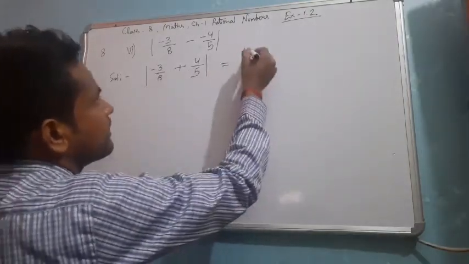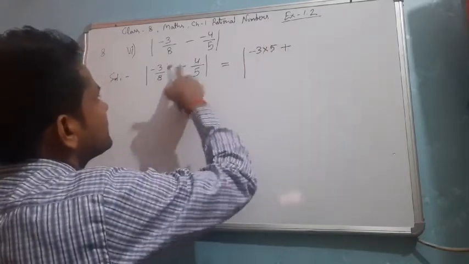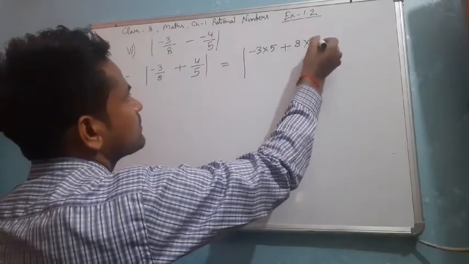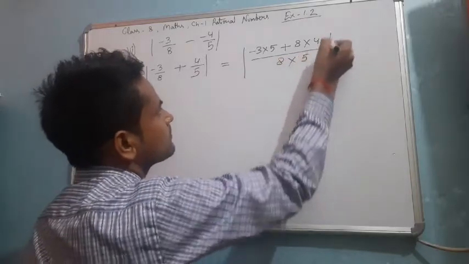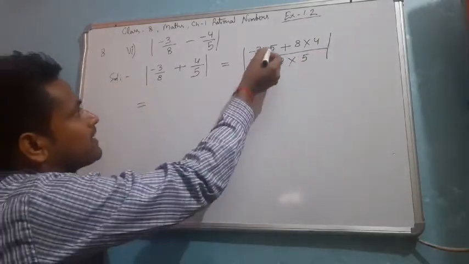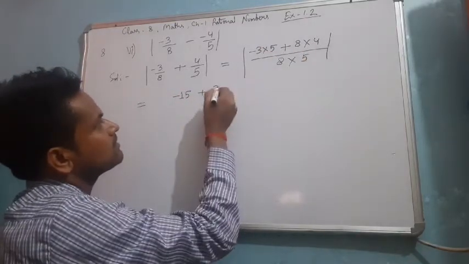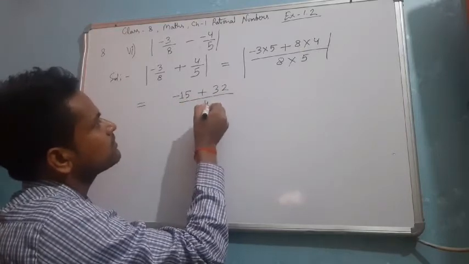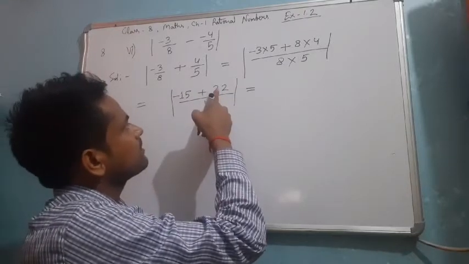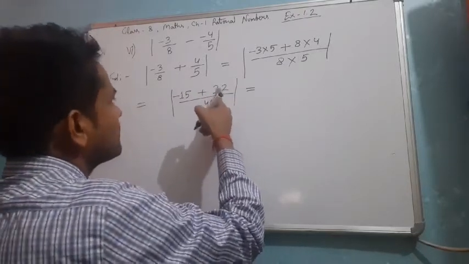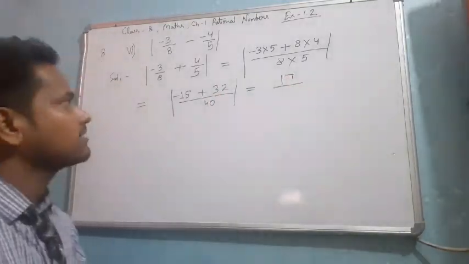Minus 3 into 5 plus 8 into 4, whole upon 8 into 5. 5 threes are minus 15, plus 8 fours are 32, whole upon 8 fives are 40. Minus 15 plus 32, you will get 17.